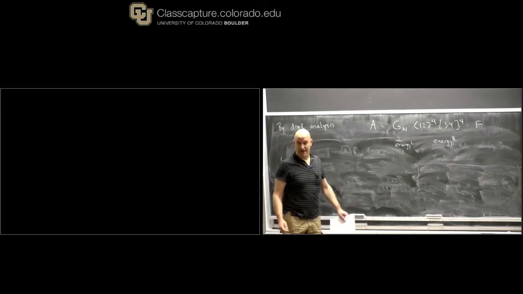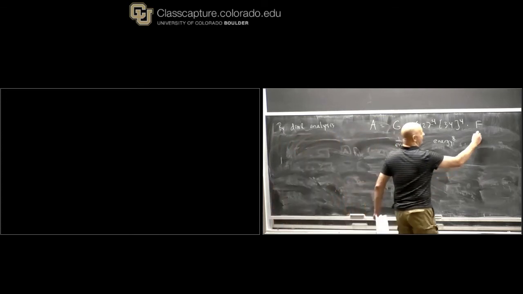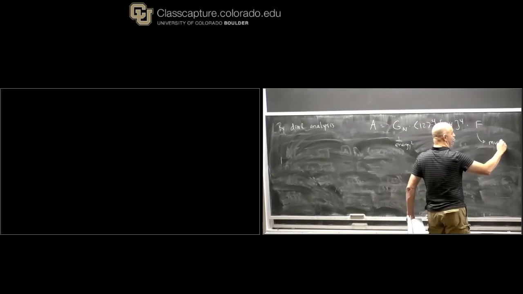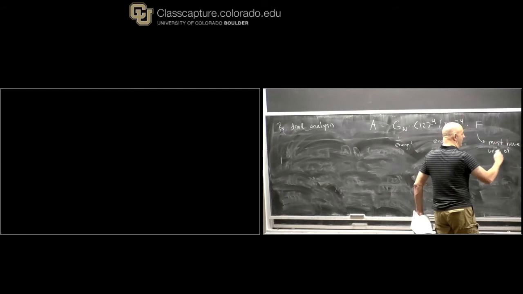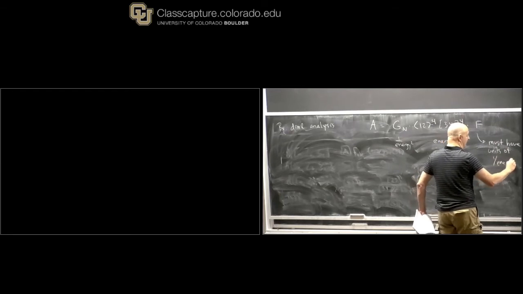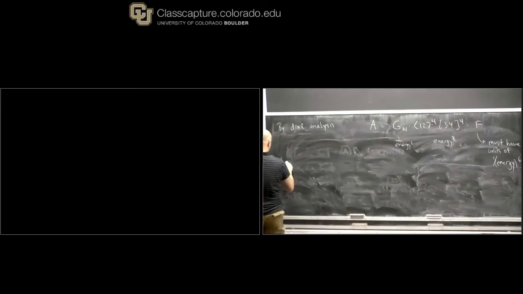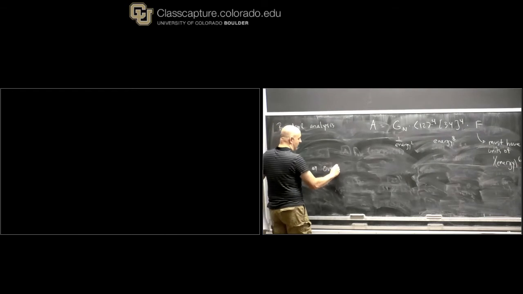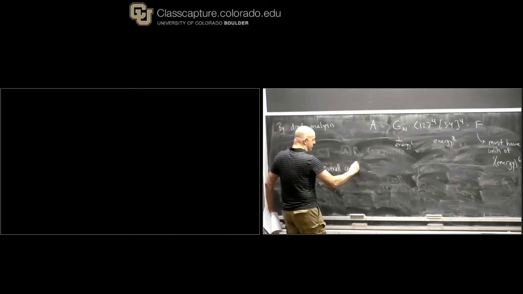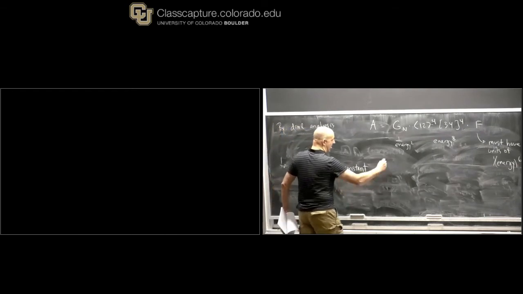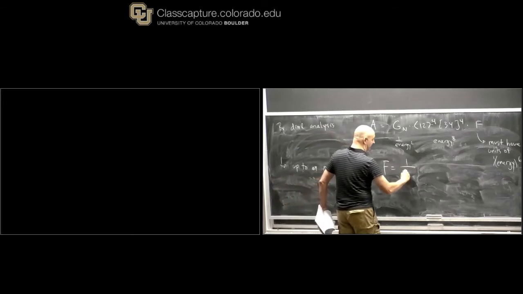Overall, this is a 4-point amplitude, so it should be dimensionless. So F must have units of 1 over energy to the 6th. So the conclusion is, up to an overall constant, F is 1 over STU.